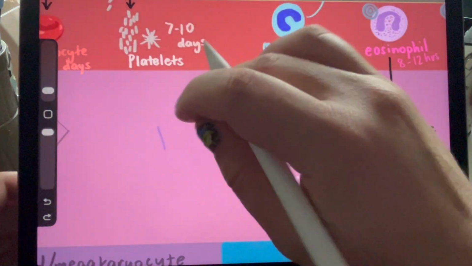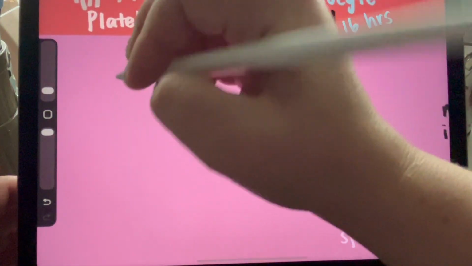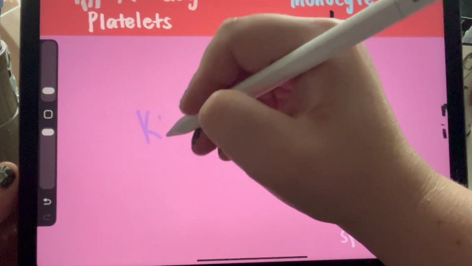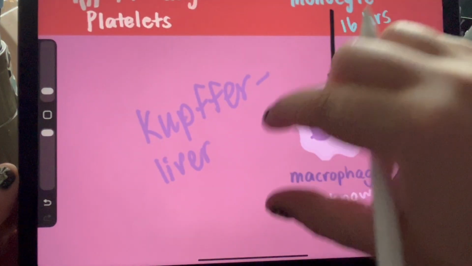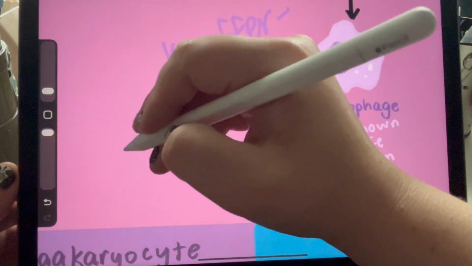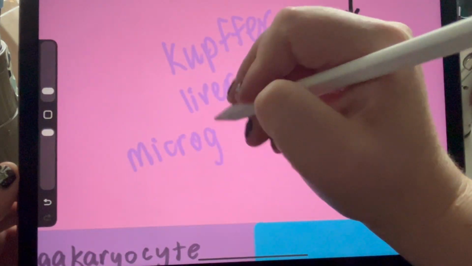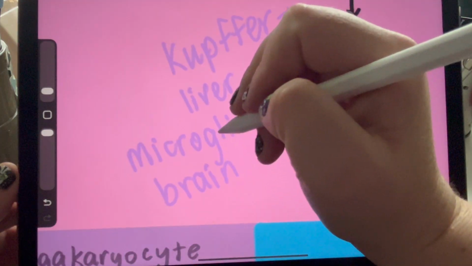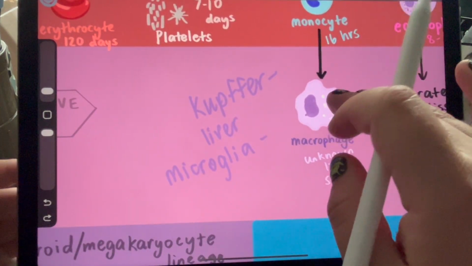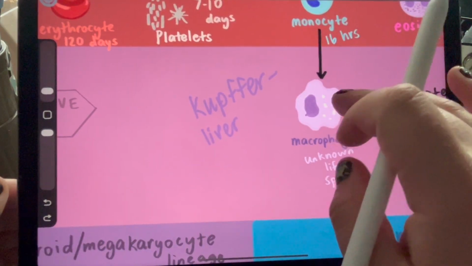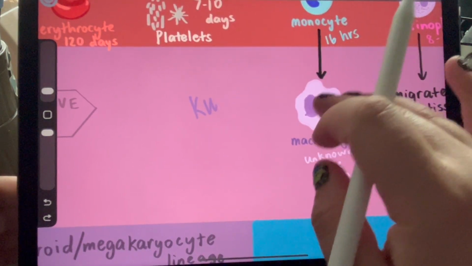All right, so you've got the, I don't know if this is how you say it, but you've got the Kupffer cells. Those are from the liver. And then you also have microglia in the brain. Okay, so those are different types of macrophages based on the tissue that they go into. The lifespan for these, the textbook says, is unknown.